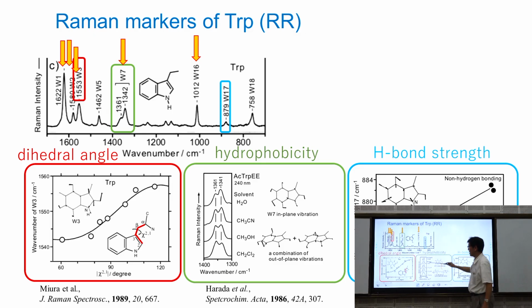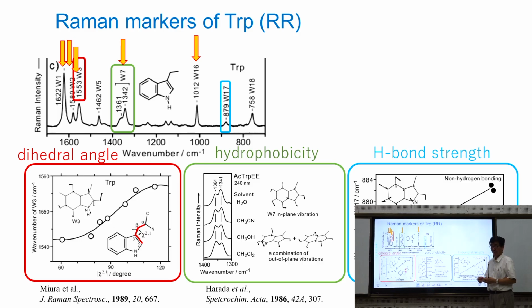W7 is the doublet band, and doublet intensity ratio changes depending on the hydrophobicity. Also, W17 peak position changes in proportion to the wave number of the NH stretching, in other words, depending on the hydrogen bonding strength.